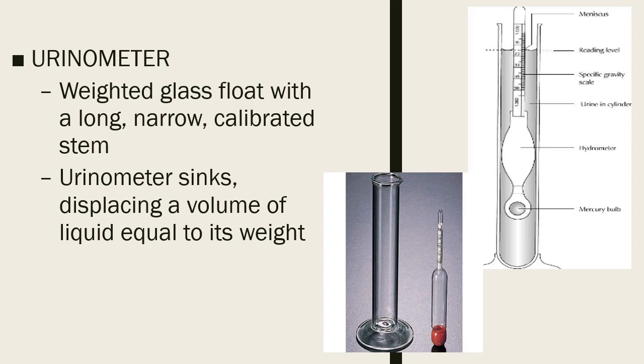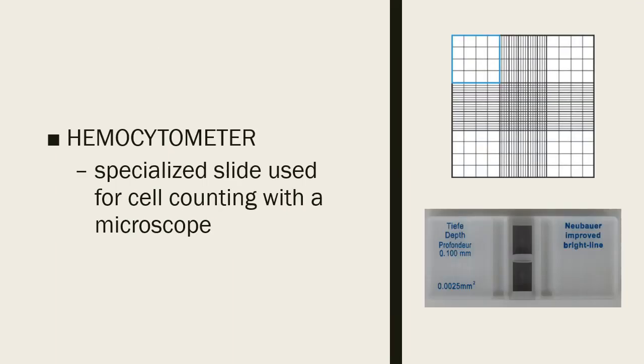And so with that, of course, you already have your specific gravity. Okay, and so that is for your urinometer. Your urinometer is otherwise known as a hydrometer.